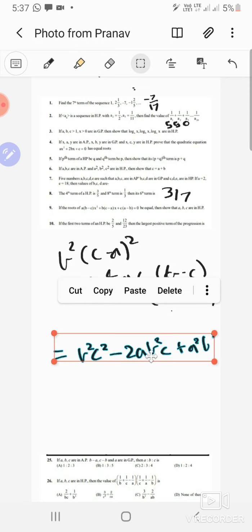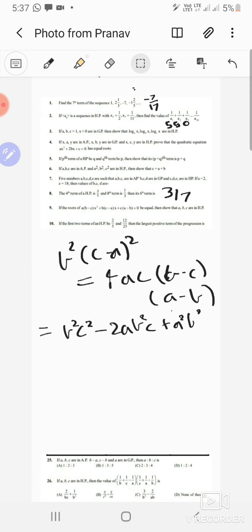That should be equal to the right hand side. The right hand side is 4ac into, let's see, ab and minus b squared, and then minus ac and then plus bc, obviously that does it.